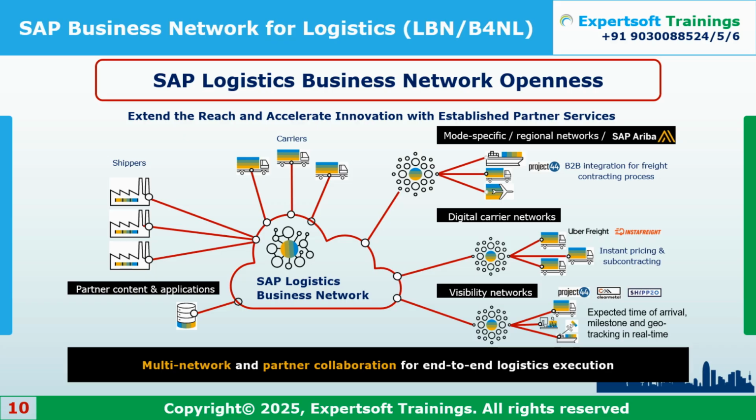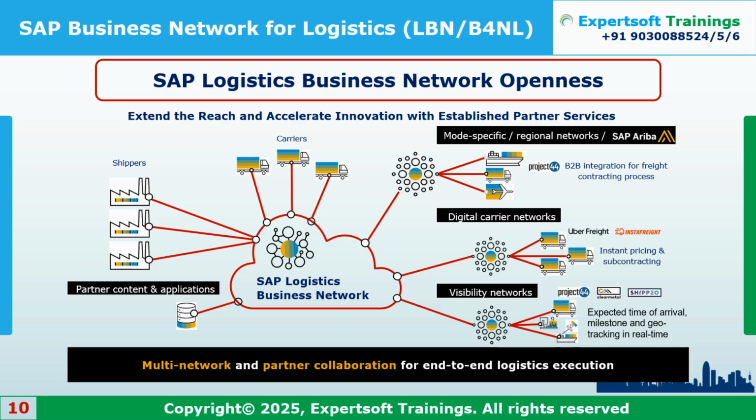These are some of the specific visibility networks which they further use to communicate with LBN, and for that also you have to buy additional licenses. Okay, and it's not only Project 44, there are some other visibility networks also where SAP directly communicates with the LBN. So in that case, if you want to have a real-time feature, expected time of arrival, pricing, subcontracting, these are all third-party tools which are integrated with LBN.